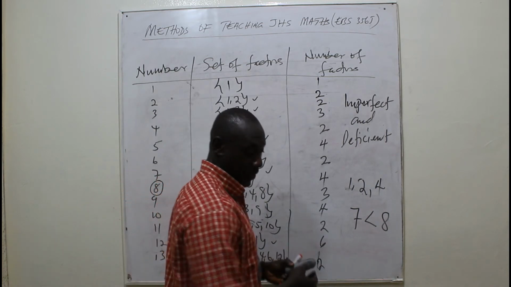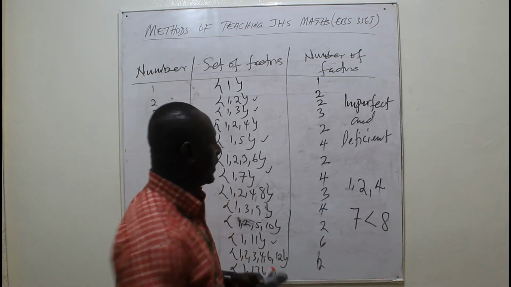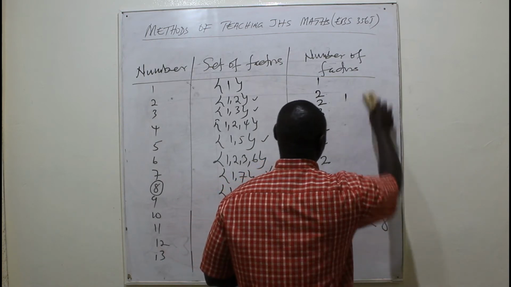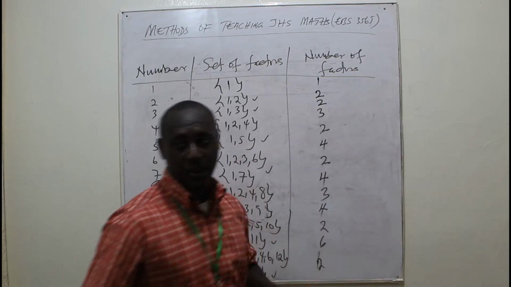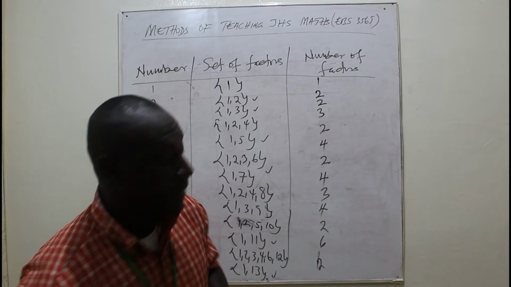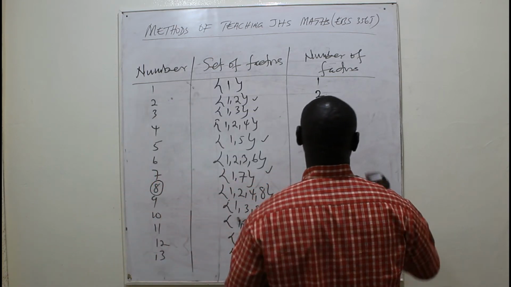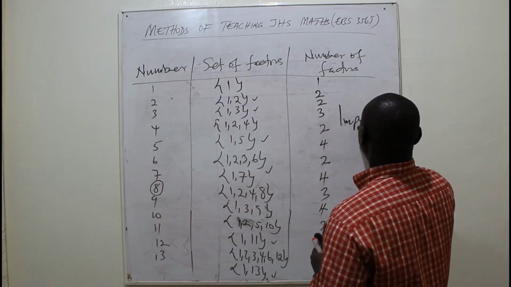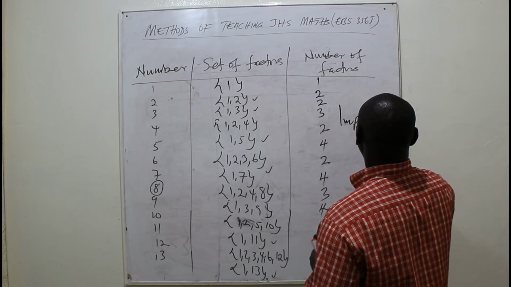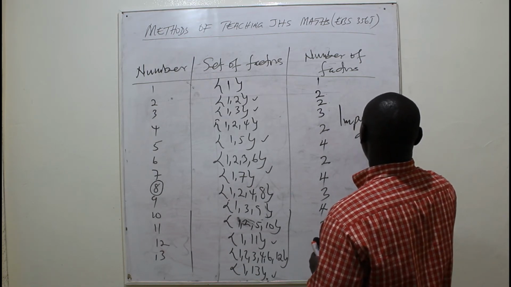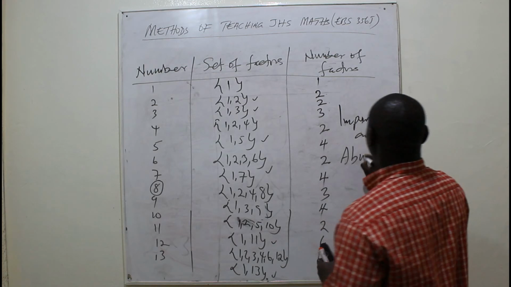Okay? Now, apart from that, we can also talk about some numbers we call the imperfect and abundant numbers.